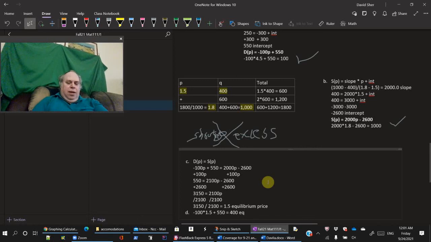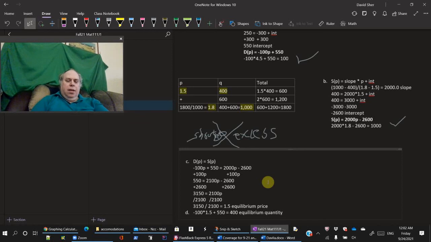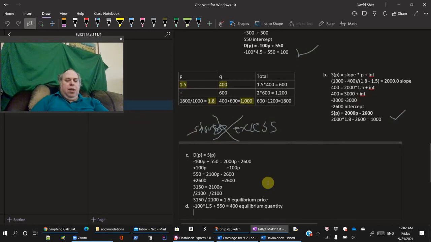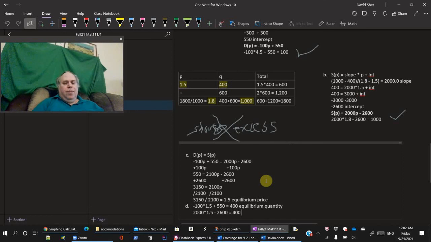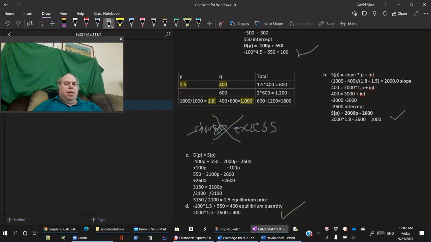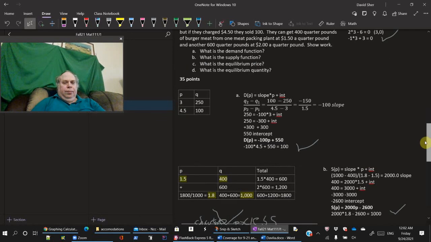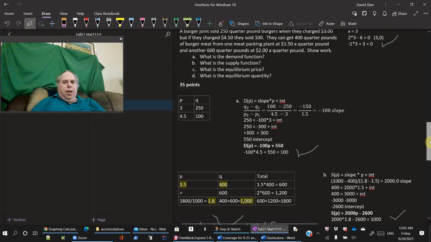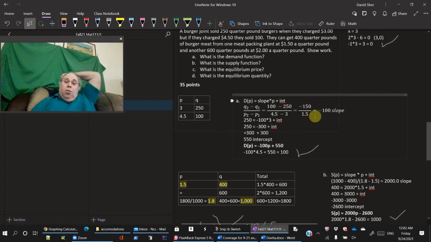So if it checks, this will be the equilibrium quantity, part D. And then we'll check it by plugging in the other one: 2,000 times $1.50 minus 2,600, I know it's going to check because I see that table there. And that's going to give me 400 as well. So that checks out. And that is the answer to question 3 of the review exam. And this whole thing up here is the review exam, which is also all in your lecture notes.